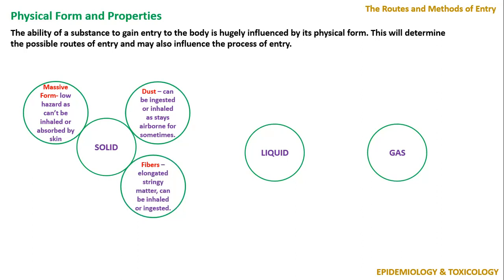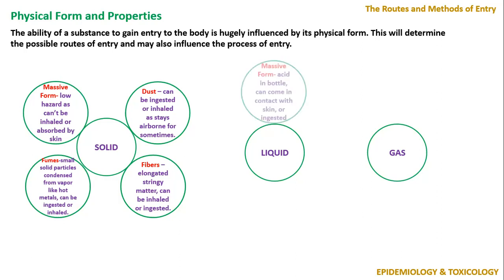Solids can be fibers, which are elongated stringy matter and can be inhaled or ingested. And solids can be in the form of fumes. These are small solid particles condensed from vapor, like hot metal, and can be ingested or inhaled.